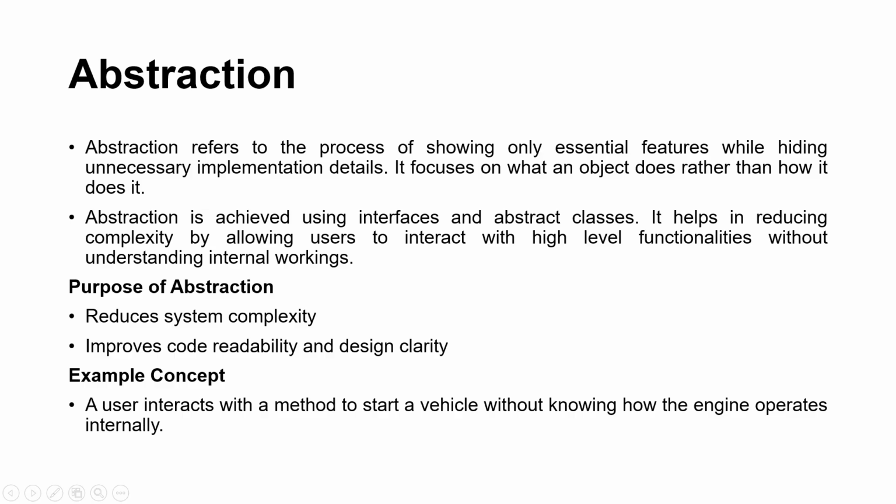Abstraction is achieved using interfaces and abstract classes. It helps in reducing complexity by allowing the user to interact with high-level functionality without understanding internal workings. The purpose of abstraction is to reduce system complexity and improve code readability and design clarity.